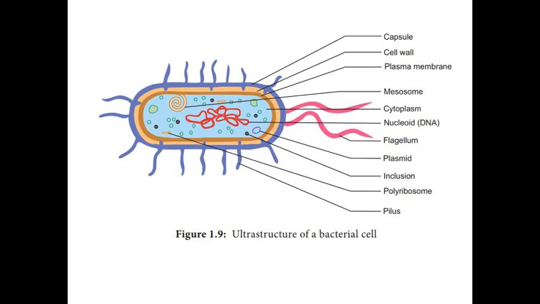The bacterial chromosome is a single circular DNA molecule, tightly coiled, and it is not enclosed in a membrane as we find in eukaryotes. This genetic material is called a nucleoid or genophore.